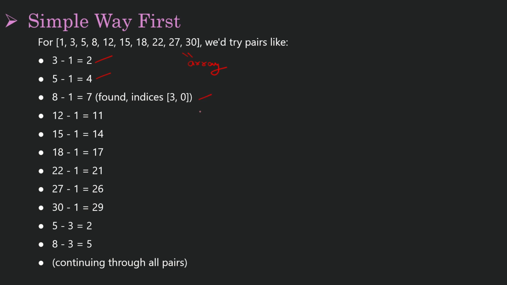Indices 3, 0. 12 minus 1 equals 11, 15 minus 1 equals 14, 18 minus 1 equals 17, 22 minus 1 equals 21, 27 minus 1 equals 26, 30 minus 1 equals 29, 5 minus 3 equals 2, 8 minus 3 equals 5, and continuing through all pairs. This finds 8 minus 1 equals 7, but it's inefficient, checking many unnecessary pairs.